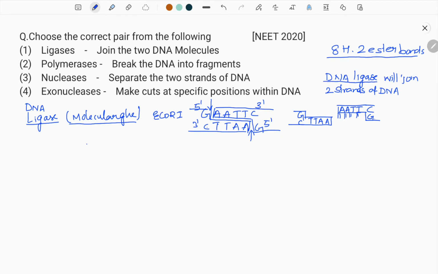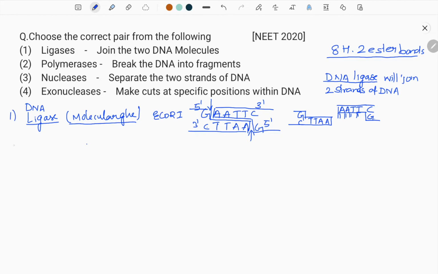And what does the restriction enzyme cut exactly? It cuts only 2 ester bonds. Hydrogen bonds are cut by themselves. But when it joins, 2 ester bonds as well as 8 hydrogen bonds are joined together to attach these two fragments. So that is the function of DNA ligase or molecular glue.